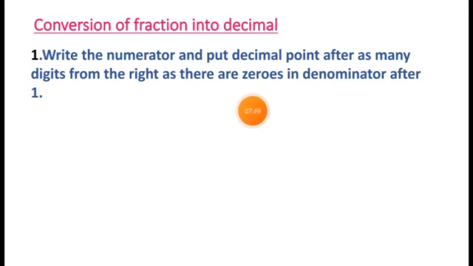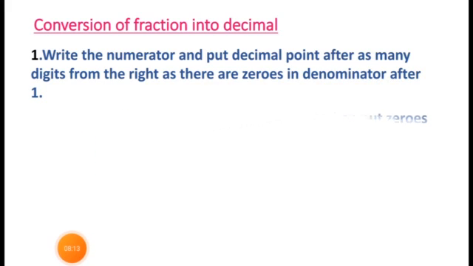Now come to the conversion of fraction into decimal. So children, here is the first rule. We have to write the denominator. And what we do for the numerator and denominator part, understand very carefully. Here we write the numerator and we put the decimal point after as many digits from the right as there are zeros in the denominator after 1.